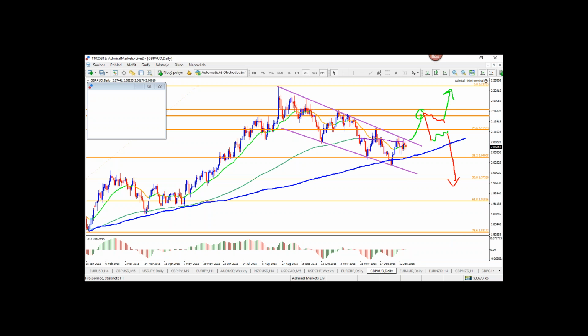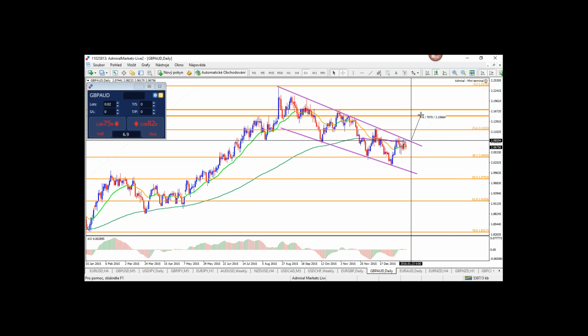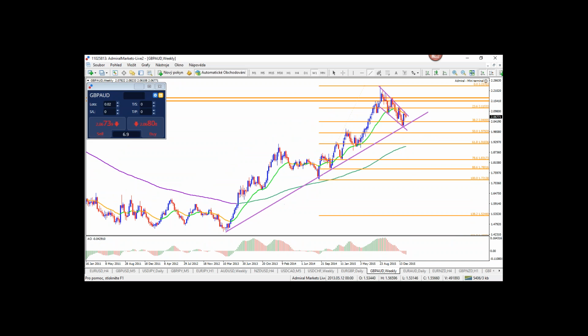But in the meantime, when it breaks, there's a good couple hundred pips there, 700 or so to the upside. Then it depends how price will respond to this level. We can put some trend lines on here.